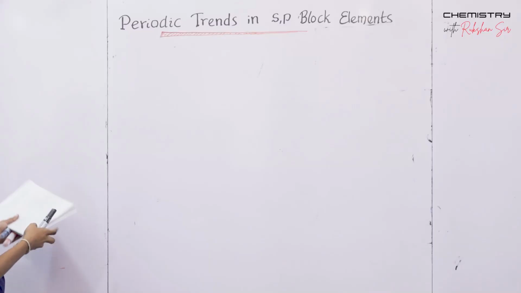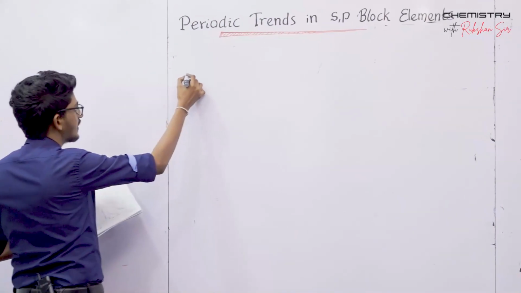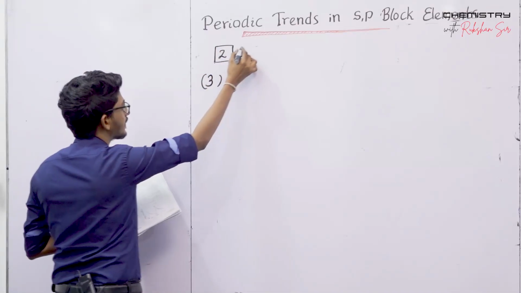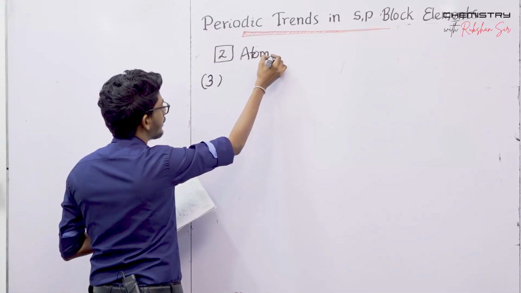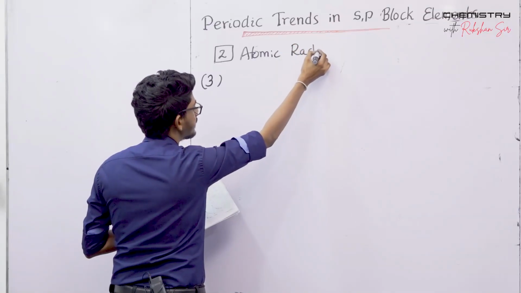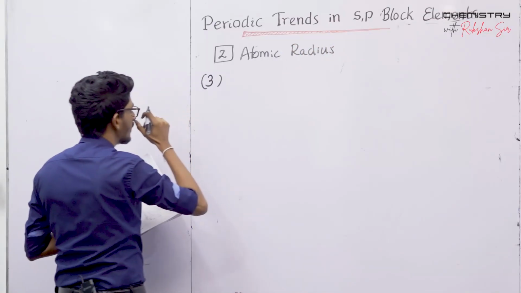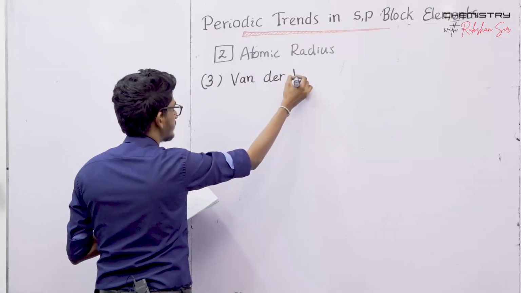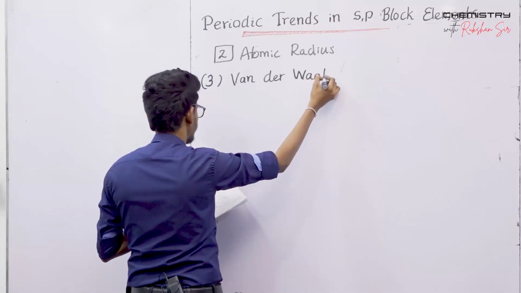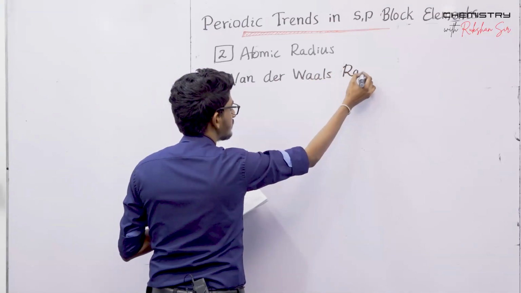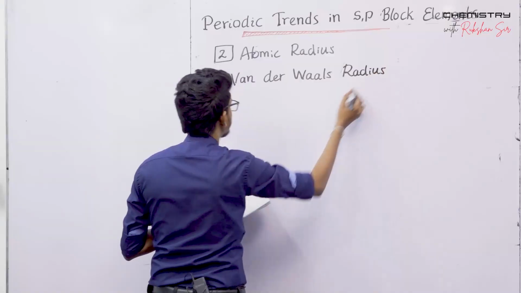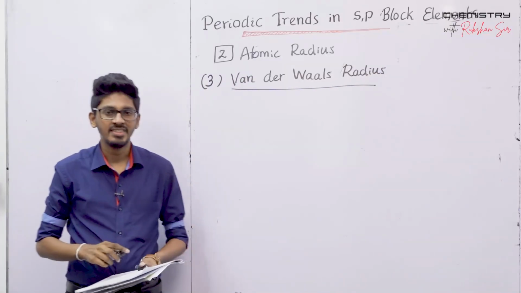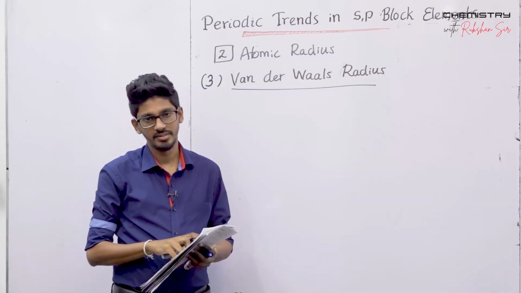The third kind of atomic radius we are going to discuss is the Van der Waals radius.